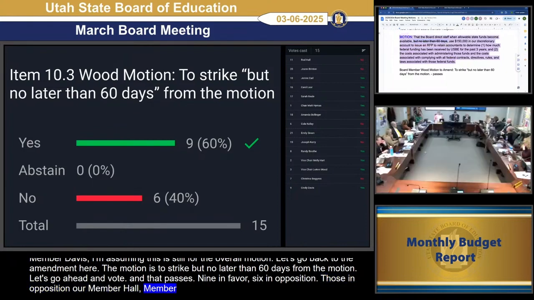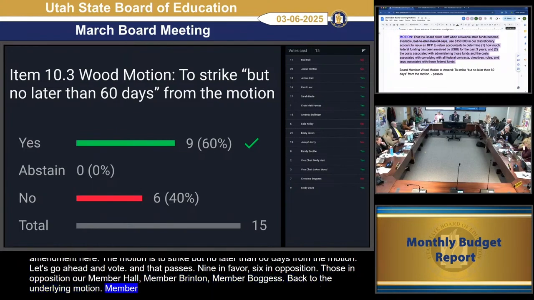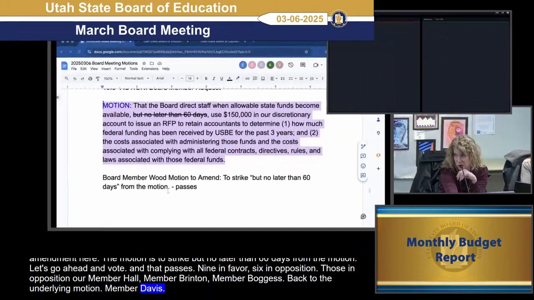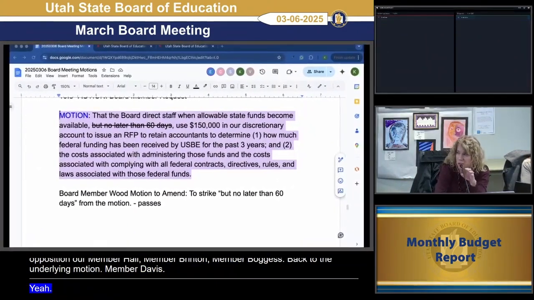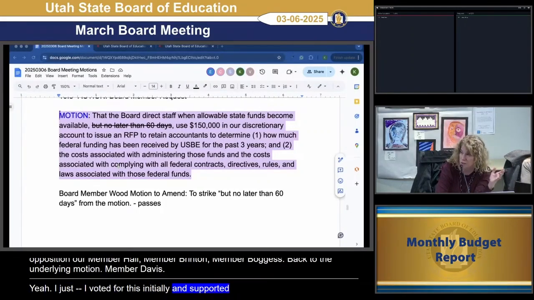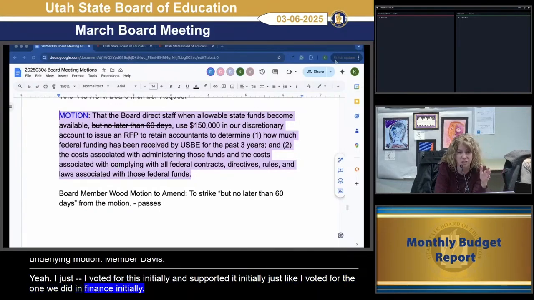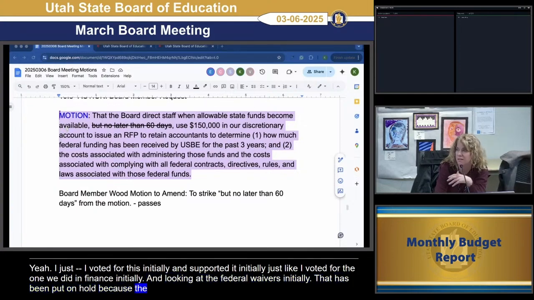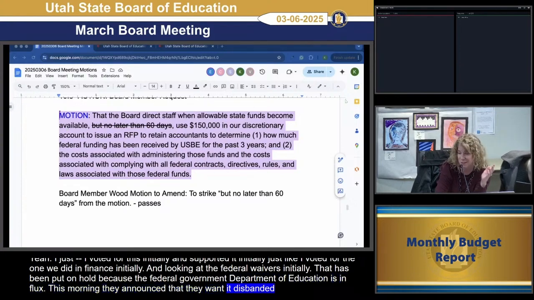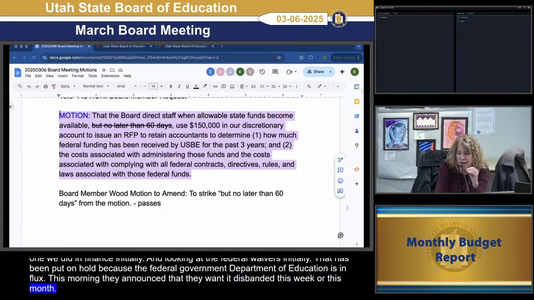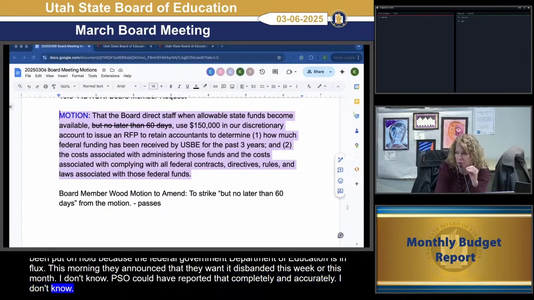Yeah, I voted for this initially and supported it initially, just like I voted for the one we did in finance initially and looking at the waivers, federal waivers initially. That's been put on hold because the federal government Department of Education is in flux. This morning they announced that they want it disbanded this week or this month. I don't know. KSL could have reported that completely inaccurately. But there's enough movement that it makes the last third of this motion a moving target.